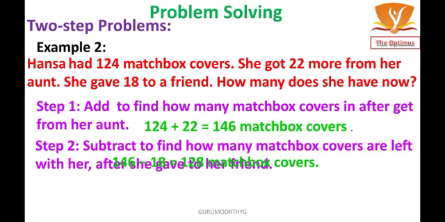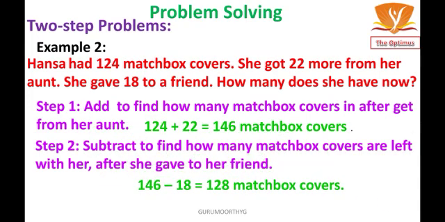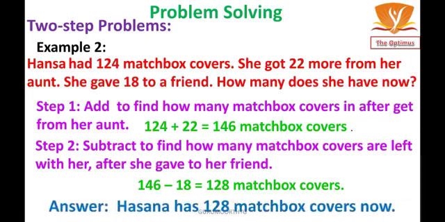Yes, we are going to subtract the total number of matchbox covers minus the number of matchbox covers she gave to her friend. That means 146 minus 18 equal to 128 matchbox covers. The answer: Hansa has 128 matchbox covers now.